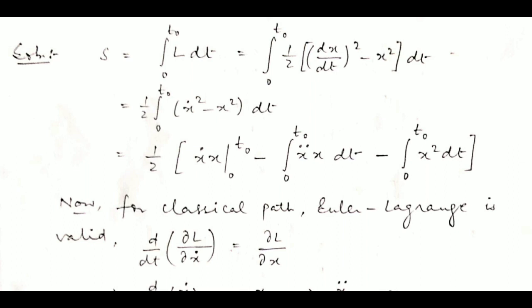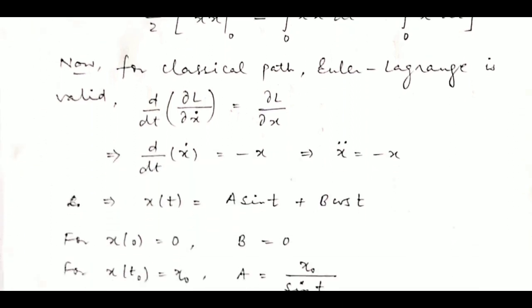Now for the Lagrangian given in the question, the Euler-Lagrange equation, which is d/dt of ∂L/∂x dot equals ∂L/∂x, becomes x double dot is equal to minus x. Now this is a simple equation to solve, and the solution comes out to be x of t is equal to a sin t plus b cos t.